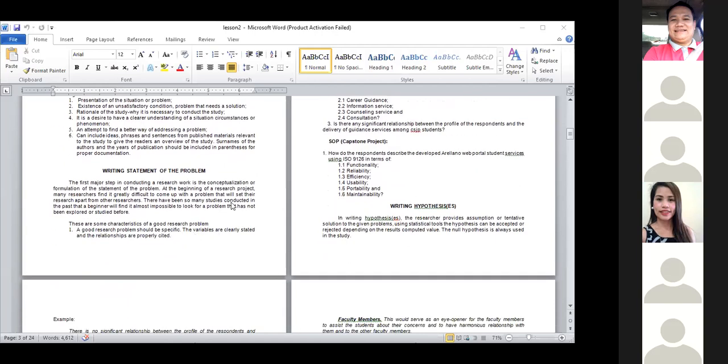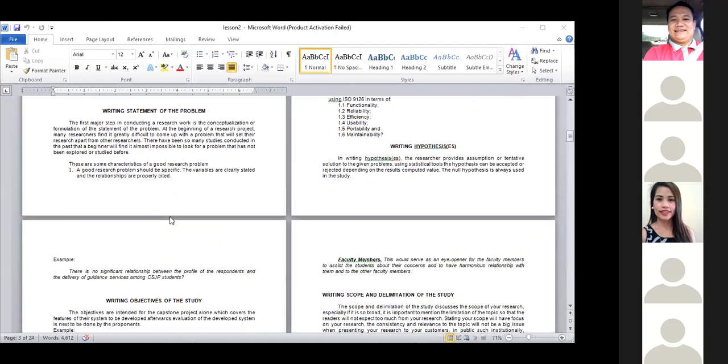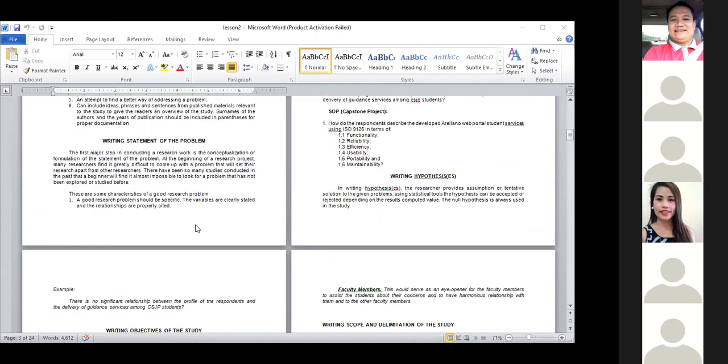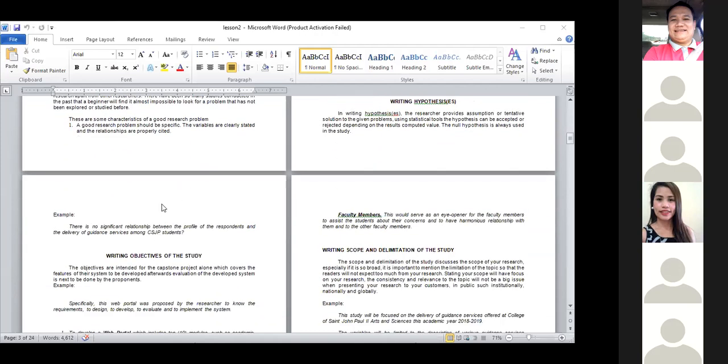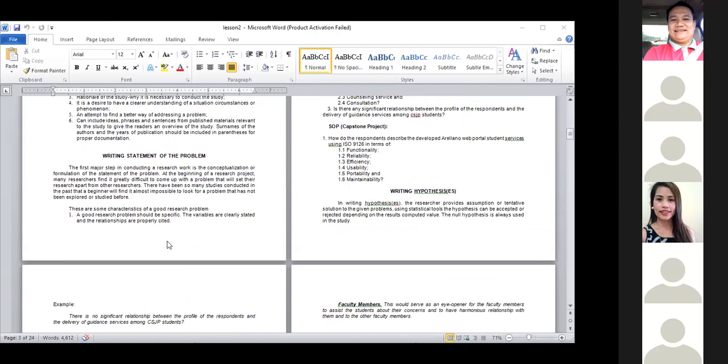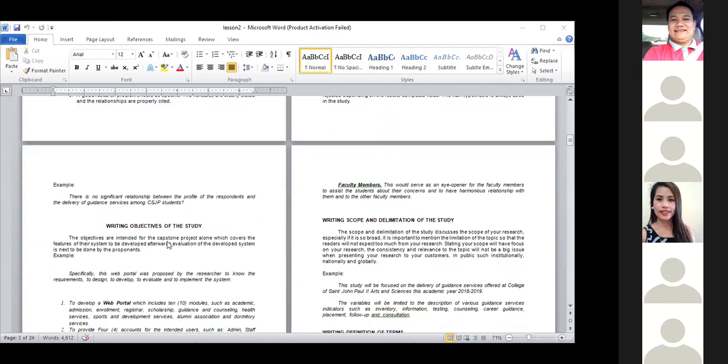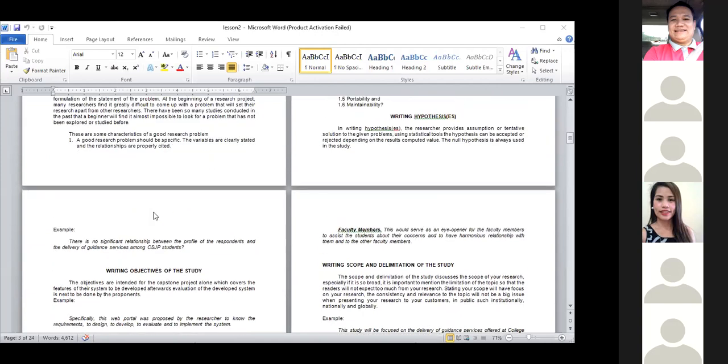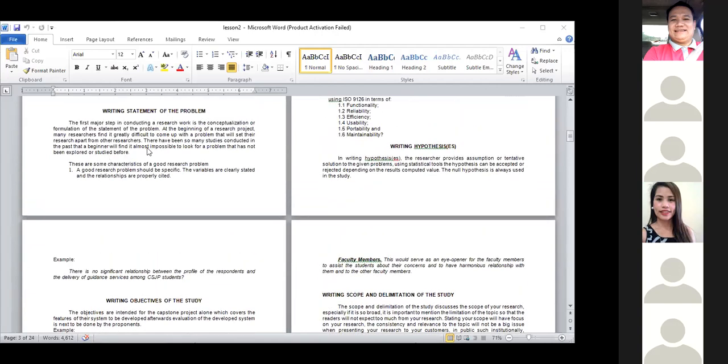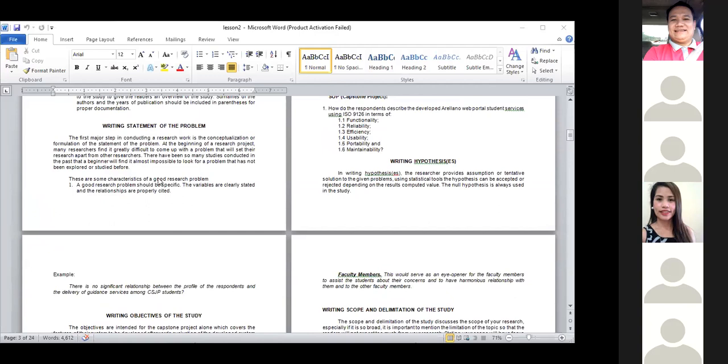So this one naman, guys, is writing statement of the problem. Okay, so number 1. I used to include here the school CSJP. So anyway, pwede namang iba rin ang gamitin natin. Number 1, how to write a statement of the problem.